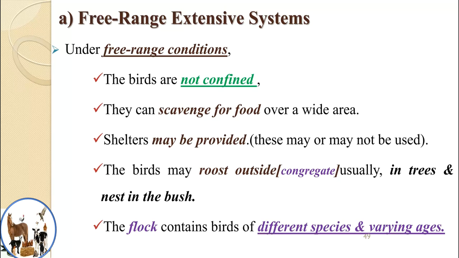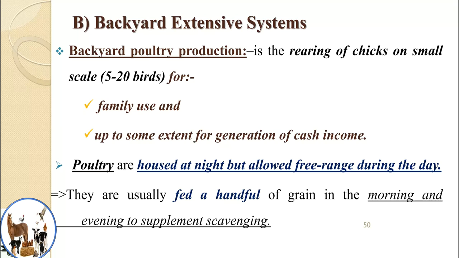In the night they require shelter, but in the day they go for grazing. The birds may roost or congregate outside, usually in trees and nests in bushes. In this free ranging system, the flock contains birds of different species and varying age groups also.